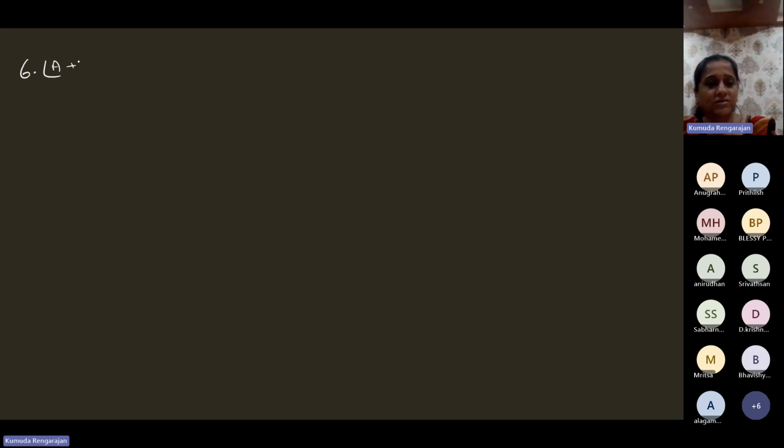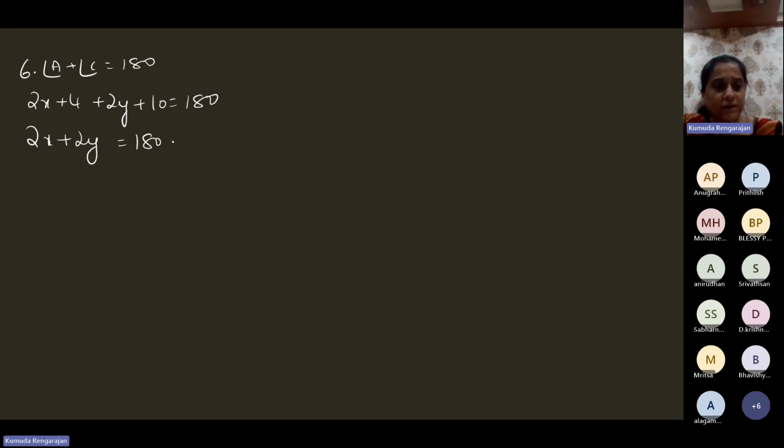Angle A plus angle C is equal to 180. Angle A is 2x plus 4, plus 2y plus 10 is equal to 180. So 2x plus 2y is equal to 180 minus 14. Dividing by 2 throughout, x plus y is equal to 83. Is my equation right, children?